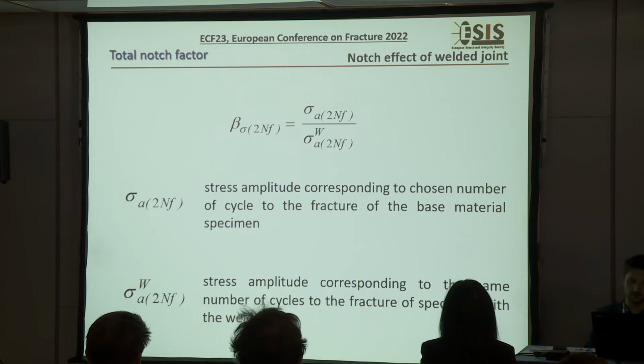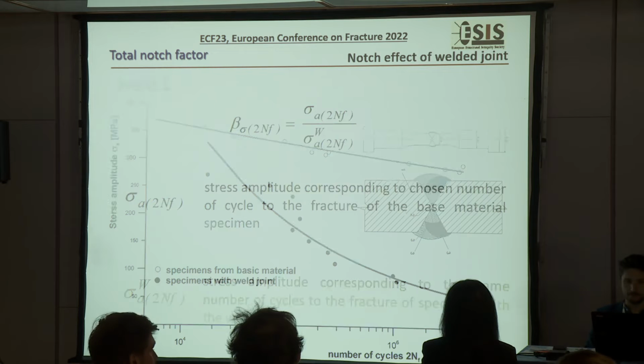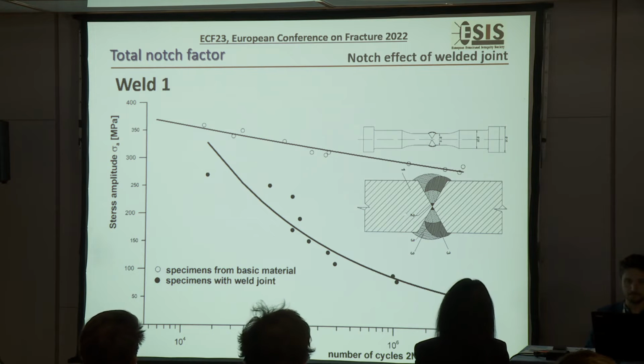Notch factor is defined as a ratio between the amplitudes of stress for the same lifetime, the same number of cycles. It's logical that this notch factor is not constant, it's a function of lifetime. It's better to see this on the first curve.